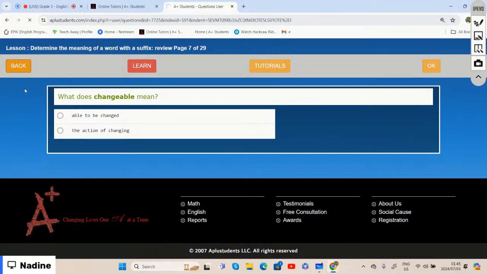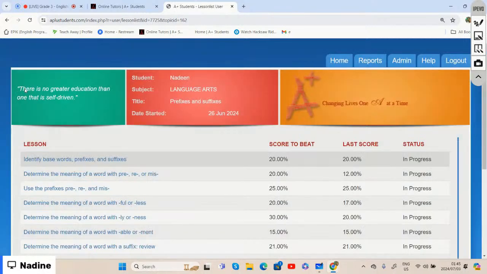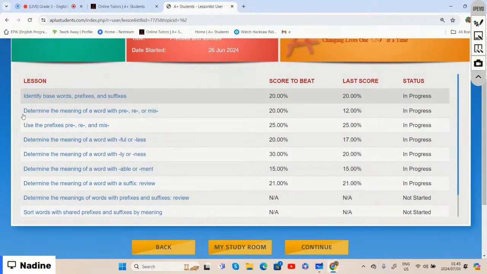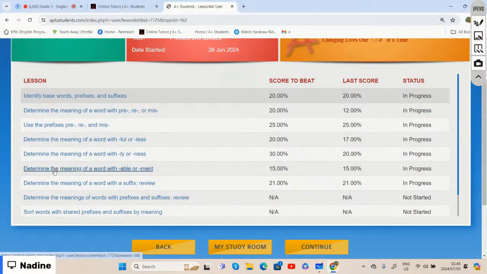All right, so this is now the end of our lesson on prefixes and suffixes. We specifically focused on determining the meaning of the words with able or ment. We said that able means being able to be, and ment means the result of something, right?